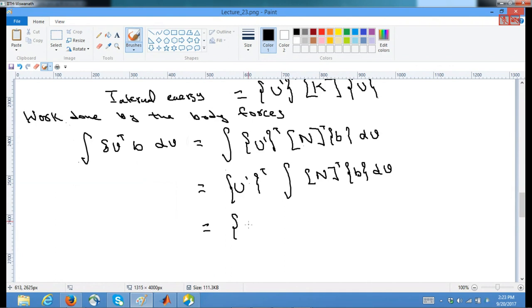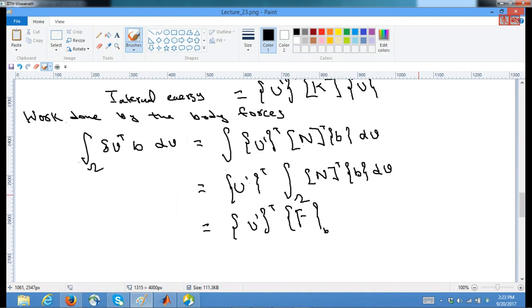So this further I call as u dash transpose F coming from the body forces. This is integral over the domain omega.